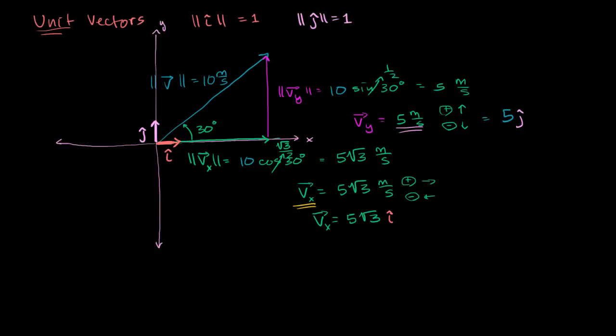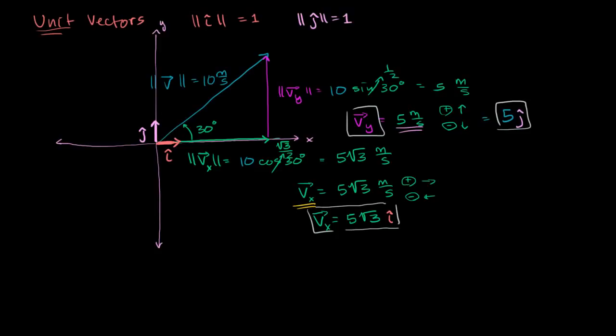Now, what's really cool about this is that besides just being able to express the components as multiples of explicit vectors, we also know that the vector v is the sum of its components. If you start with this green vector right here, and you add this vertical component right over here, head to tail, you get the blue vector.